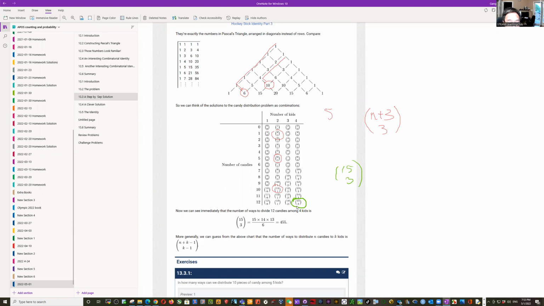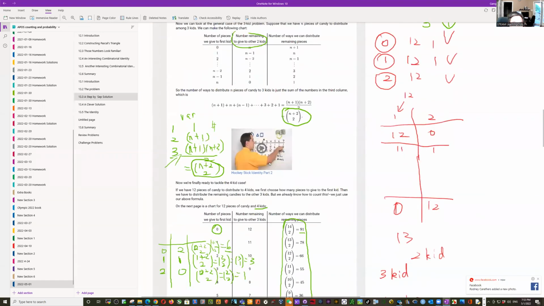This is the first kid line starting from here, and this is the two kids. This is 3 kids, then 4 kids will follow this line, so it's just addition of all the previous cases. Then 5 kids will follow this line. So it's actually the hockey stick, and you can build up everything this way.